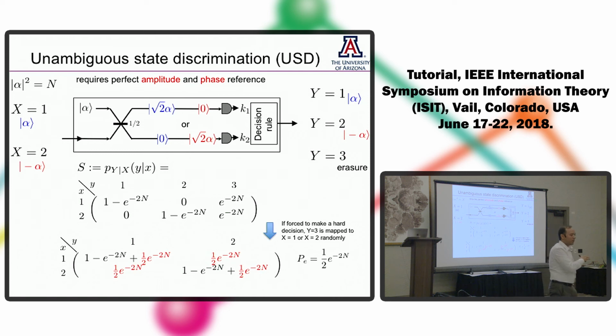This style of measurement, and I'm going to use that in the third part again, is called unambiguous state discrimination, and there is a whole theory behind this as well. Just like I talked about the Helstrom, Kennedy and Lax measurements for minimum error probability.